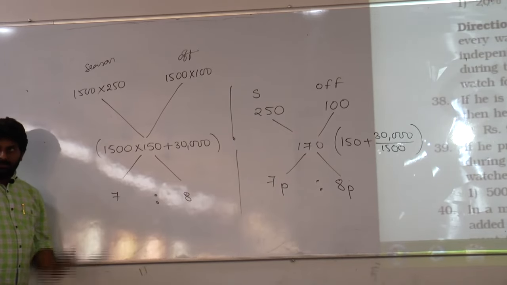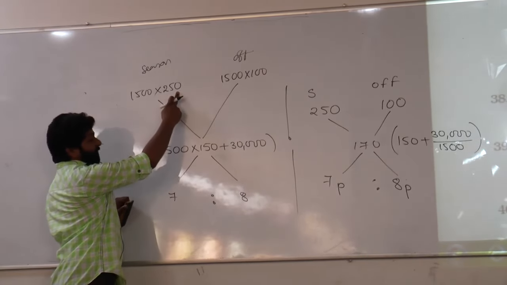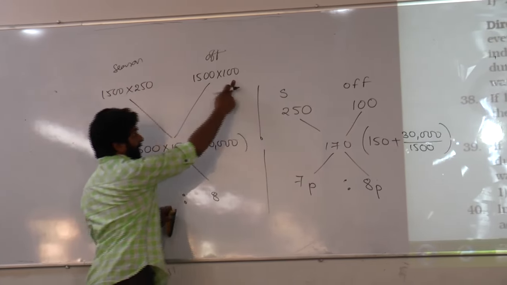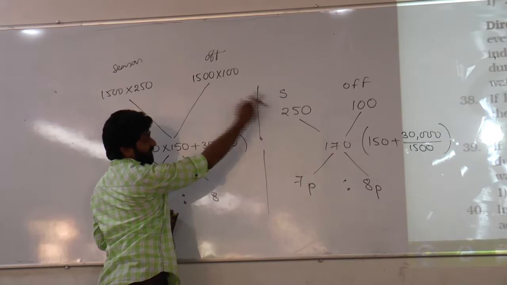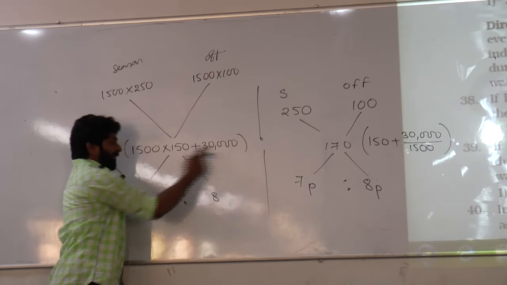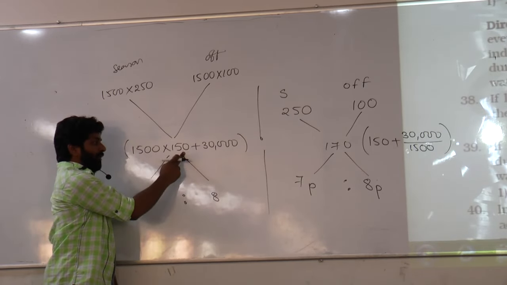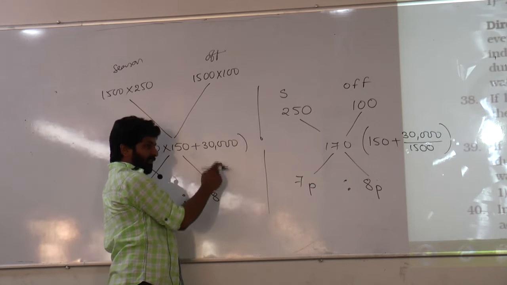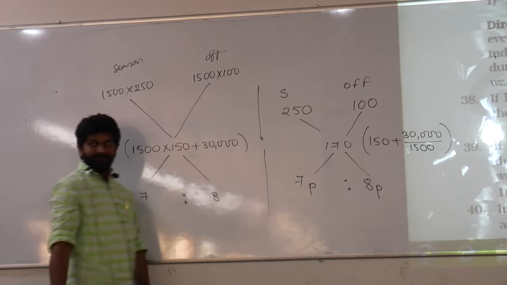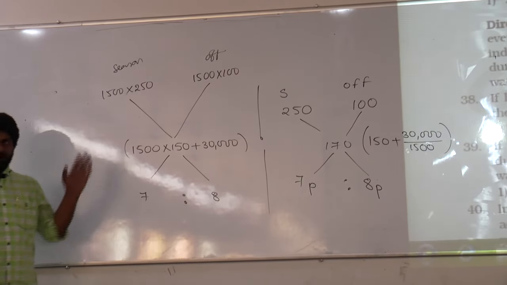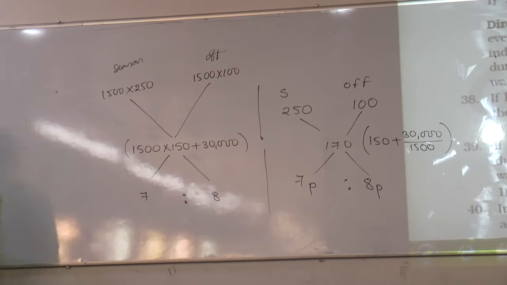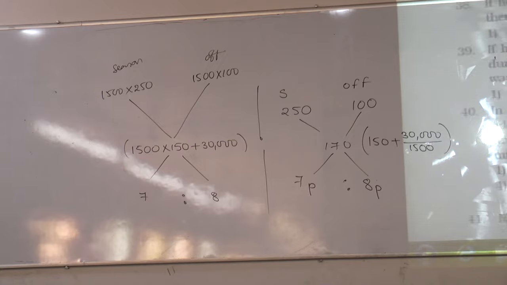One watch in the sense I need to divide this number by 1500. 250 divided by 1500, 100 divided by 1500, 1500 into 150 divided by 1500, that will be 150 plus 30,000 divided by 1500. That's what we have. Instead of using large numbers, we are using the selling price of one watch. Or else you can even go for the answer to the question also, but this is the best one.